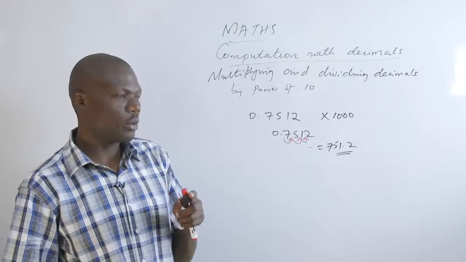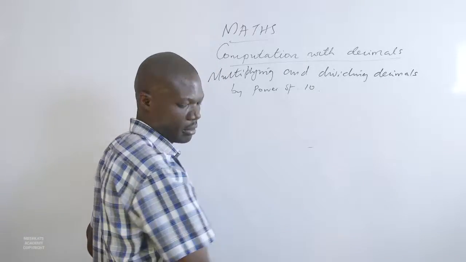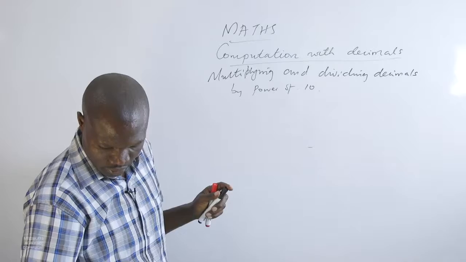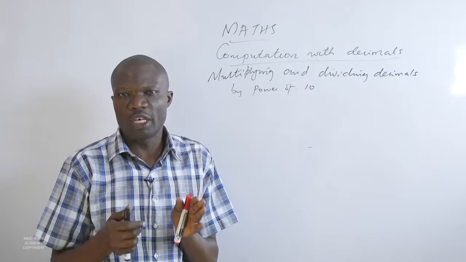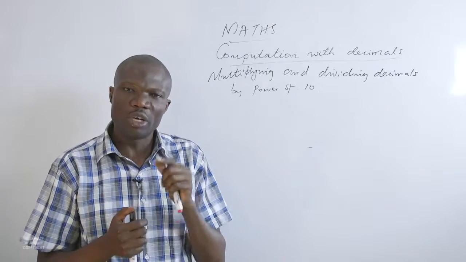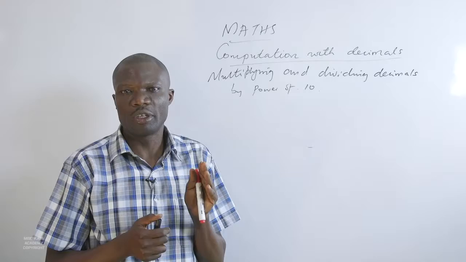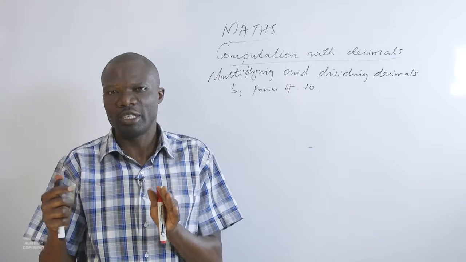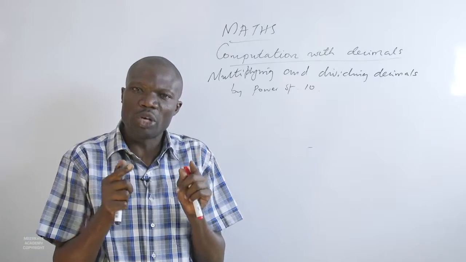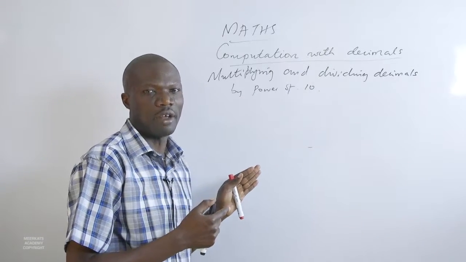How about when we are dividing? We are going to consider the power of 10 still. When dividing decimals with the power of 10, the decimal point appears to move this time to the left.